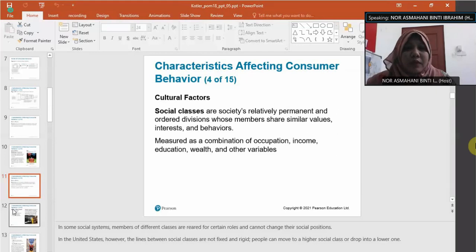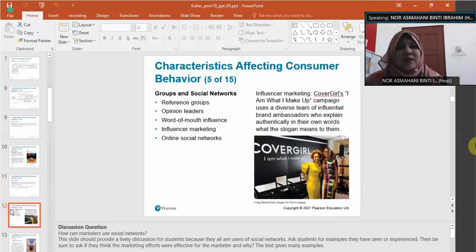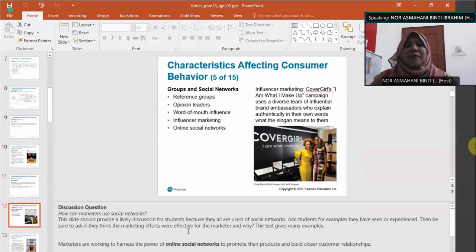Okay. What else? Groups and social networks. Reference group. We have reference group, opinion leader. So many of us actually, whether you realize it or not, will refer to some group or some individuals before you make a purchase, whether a product or service. And an opinion leader might also come from a reference group.